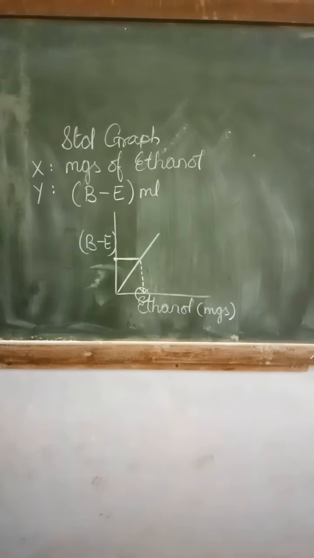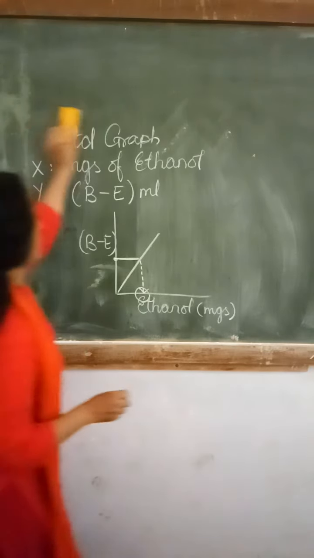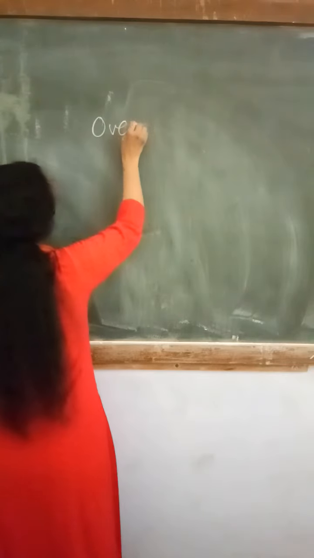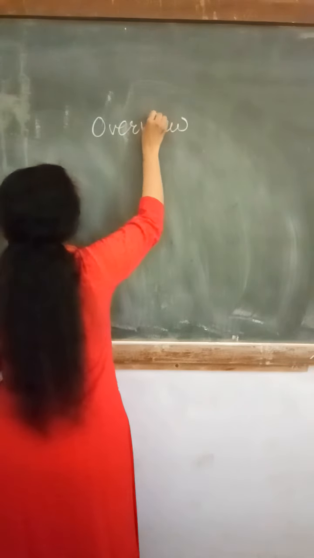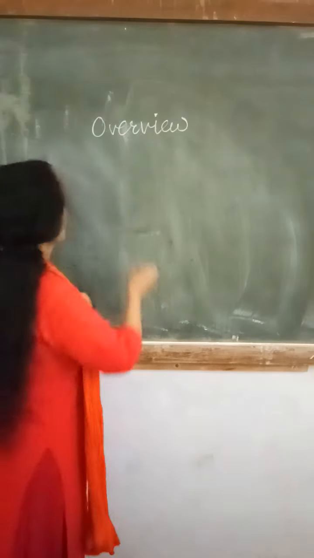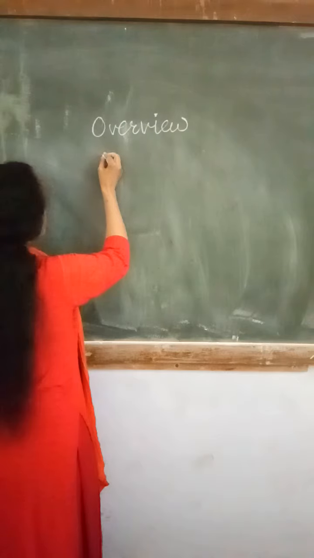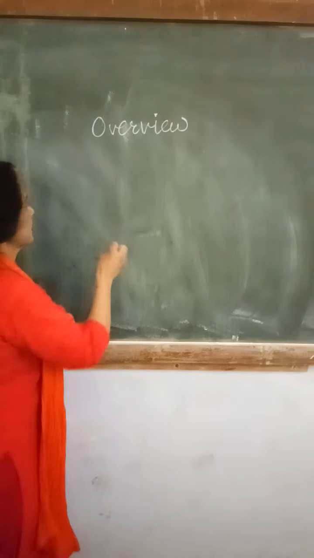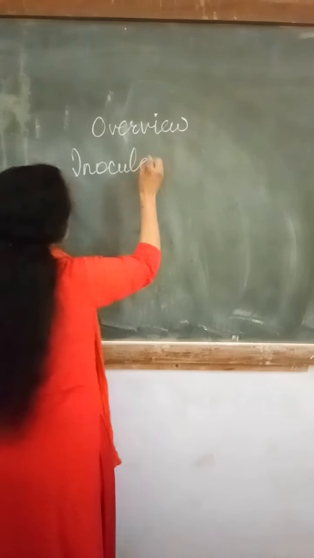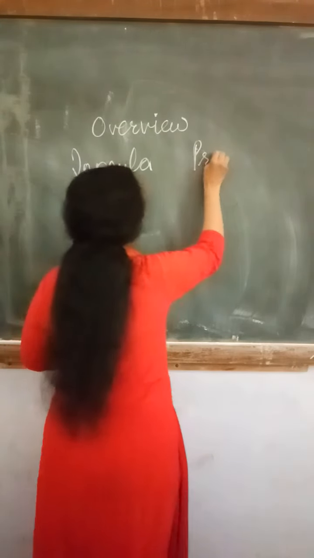Fine. Now we will have an overview of the alcohol production and estimation. We will try to recollect what we have already studied. First of all, we will take the inoculum, and we will take the production medium.